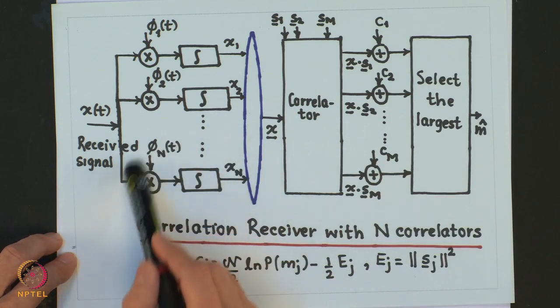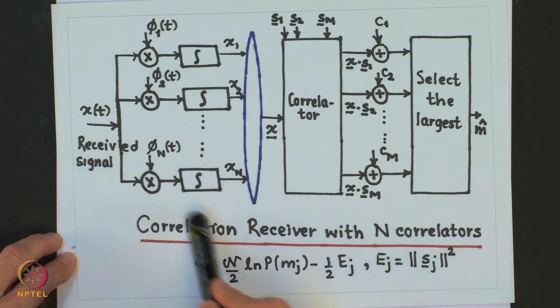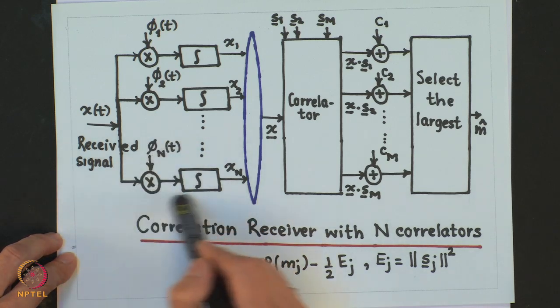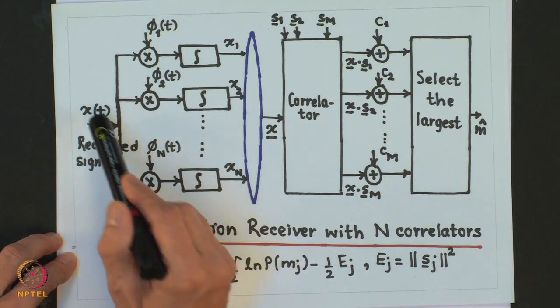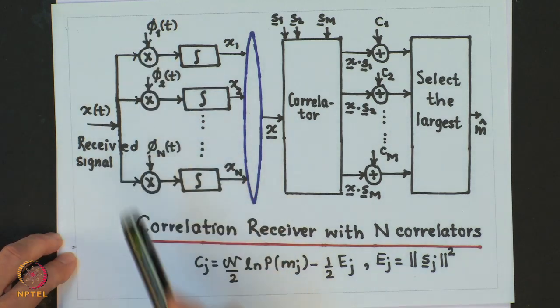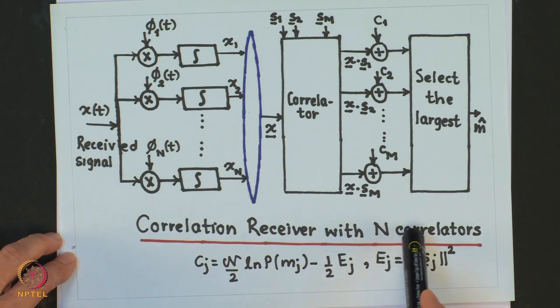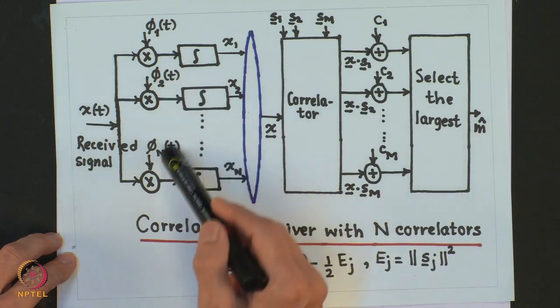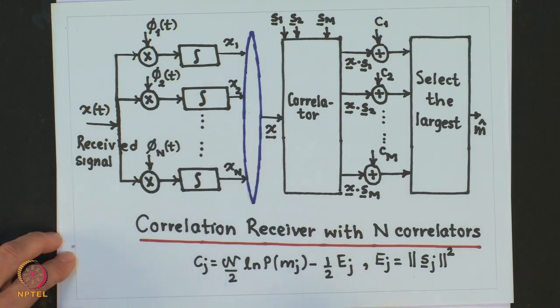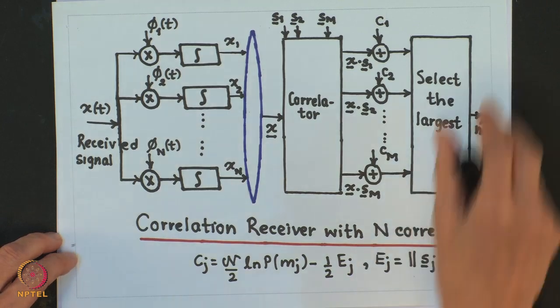Again, this is known as a correlation receiver because of cross correlating x(t) with different phi j's and integrating it. Here you require N correlators corresponding to N basis signals.